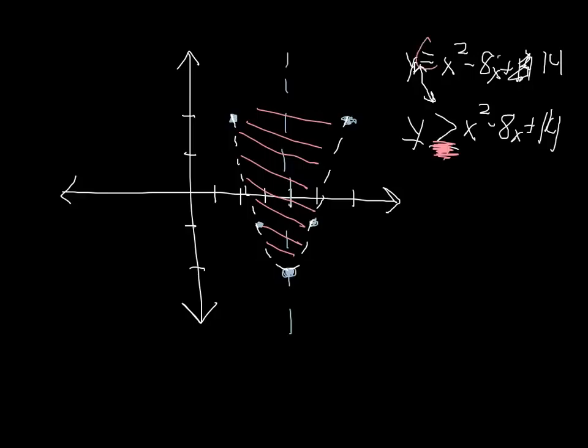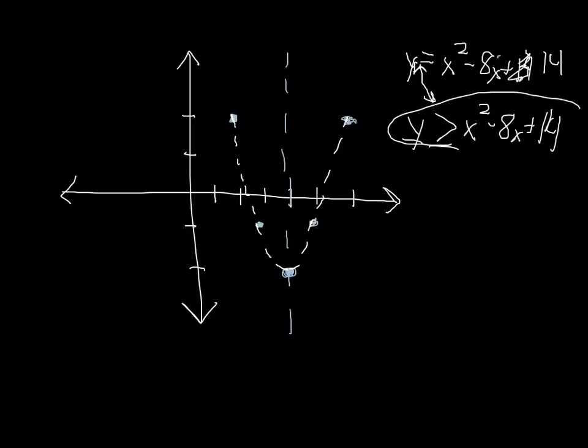Instead of having an equal sign, we have an inequality. Okay, here's my parabola. Still looks like the same shape. And instead of doing y is greater than x squared minus 8x plus 14, let's do y is less than x squared minus 8x plus 14.